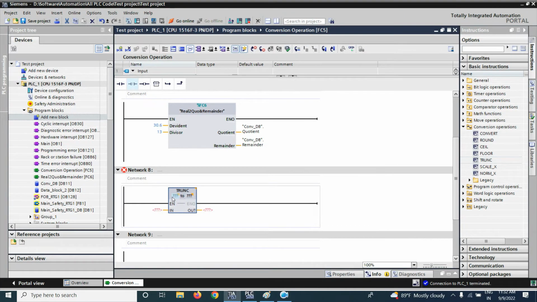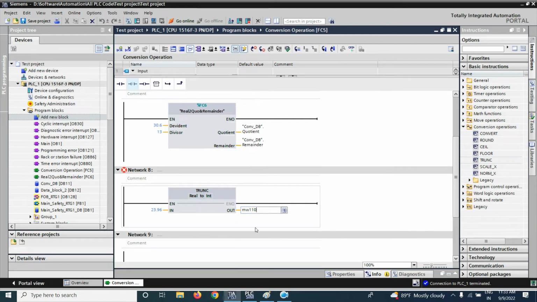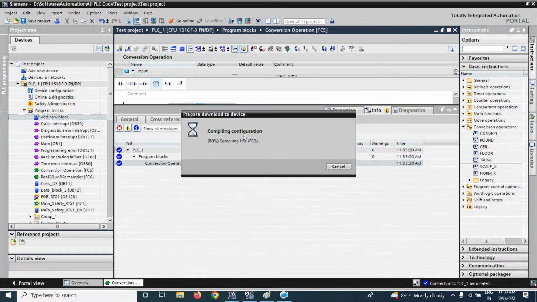We can use that truncate function in our real quotient and remainder function, the real remainder. Here, first I will use that truncate function. Here I will give 23.96, and here I will make a download.